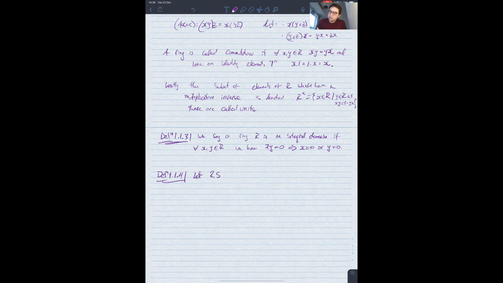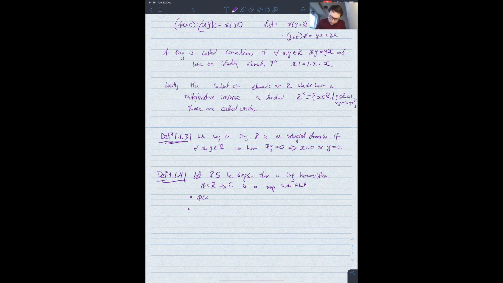So let R and S be rings. Then a ring homomorphism phi from R to S is a map such that, well, you want it to preserve the fact that you're a ring, so you want to preserve addition and multiplication.